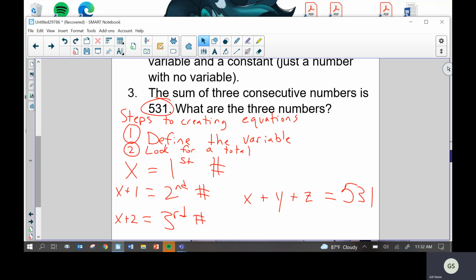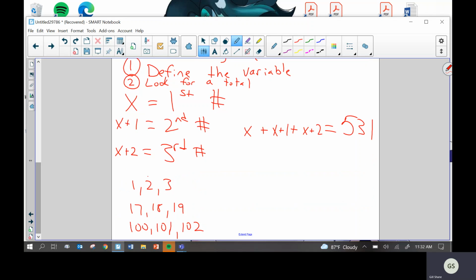There. So I can come over and I can say, all right, well, let me get rid of those different variables because I couldn't solve with those in there. And let me change it to be all one variable, but I'm just going to add in this plus 1 for the second number and the plus 2 for the third. Now I can solve that problem. I would combine like terms.